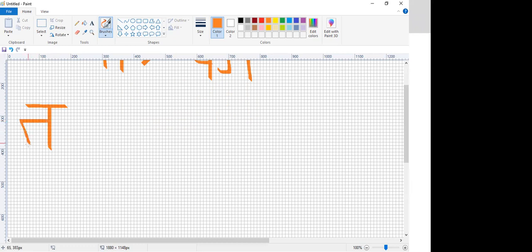This is Ta in Devanagari. In Saada Lipi, how is Ta written? Like a 3. That's it. You can put a Shirorekha, very slight, a slight Shirorekha on top. Even if you don't put it, that is fine.